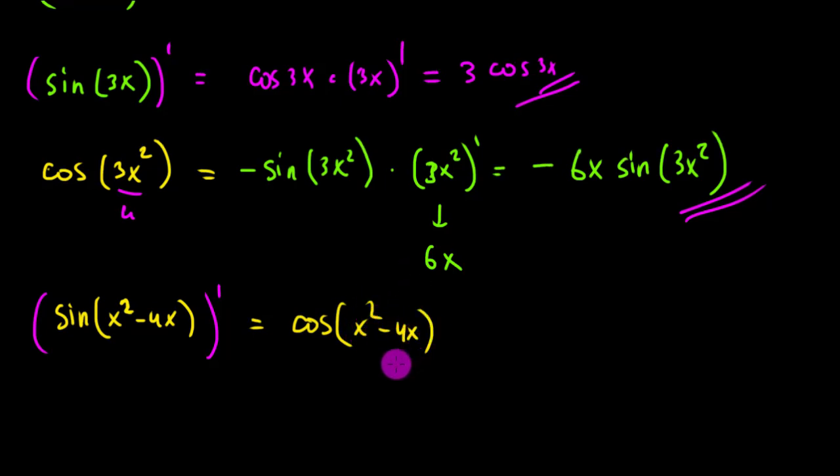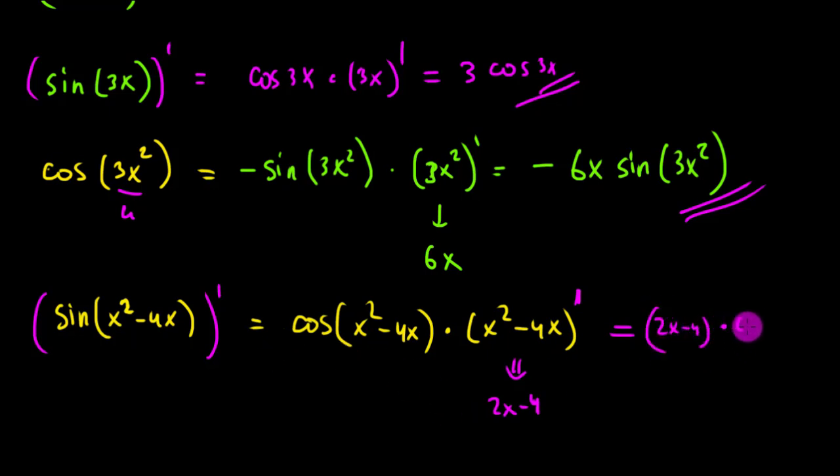Now you have to separately find the derivative of u, which is the derivative of x squared minus 4x. The derivative of this would be 2x minus 4. So you can write this as 2x minus 4 in brackets times cosine x squared minus 4x. This is your answer.